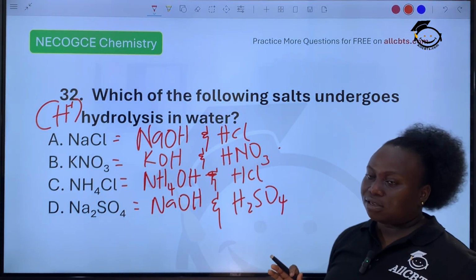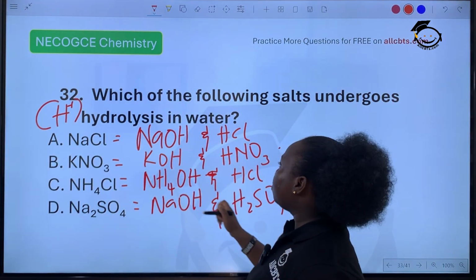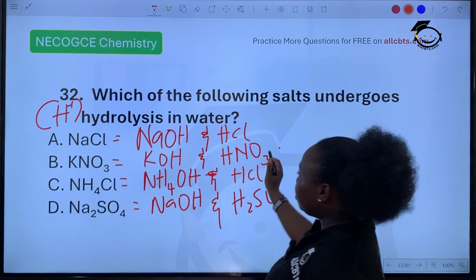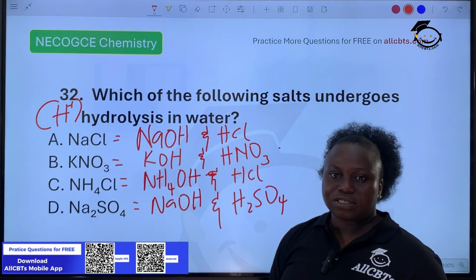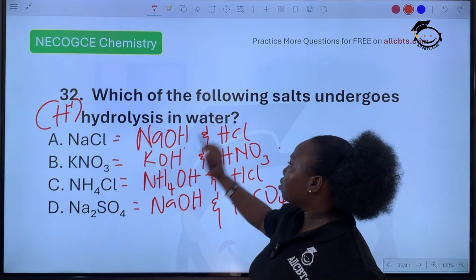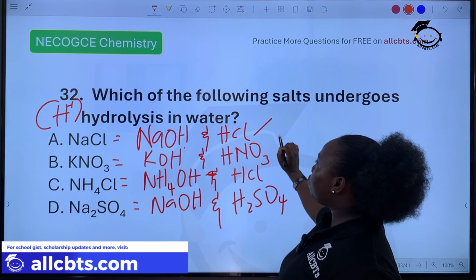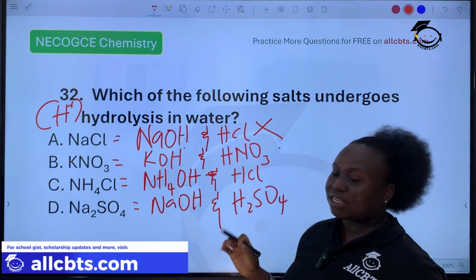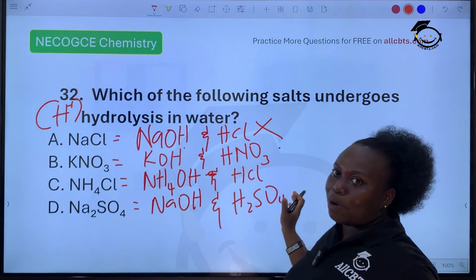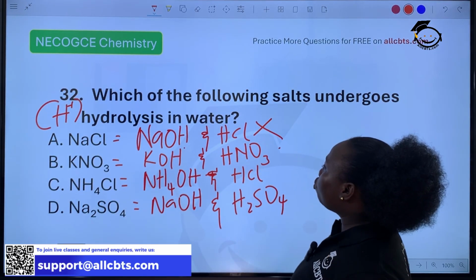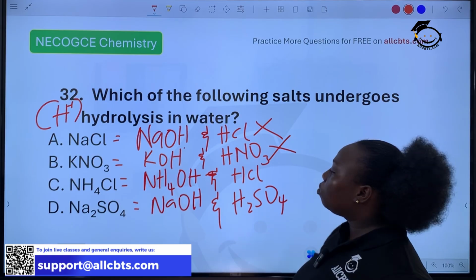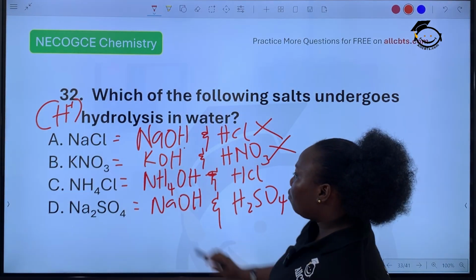If you look at NaCl, NaOH is a strong base and HCl is a strong acid, so it will be completely ionized. There is no hydrolysis that will happen. For KNO3, strong and strong, nothing can happen. The resulting solution is not acidic.